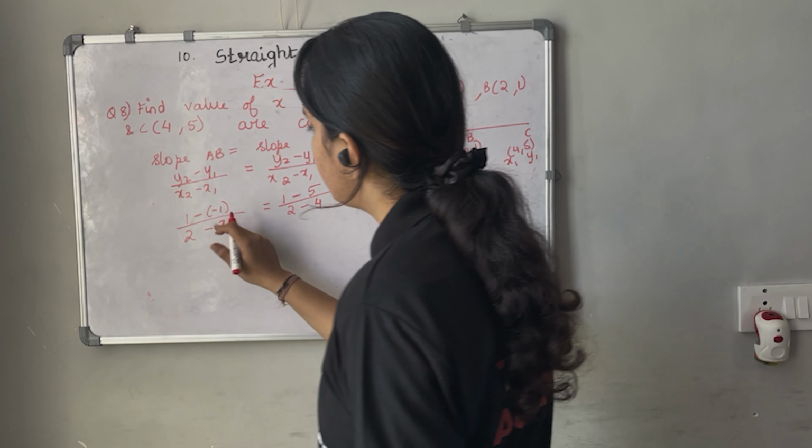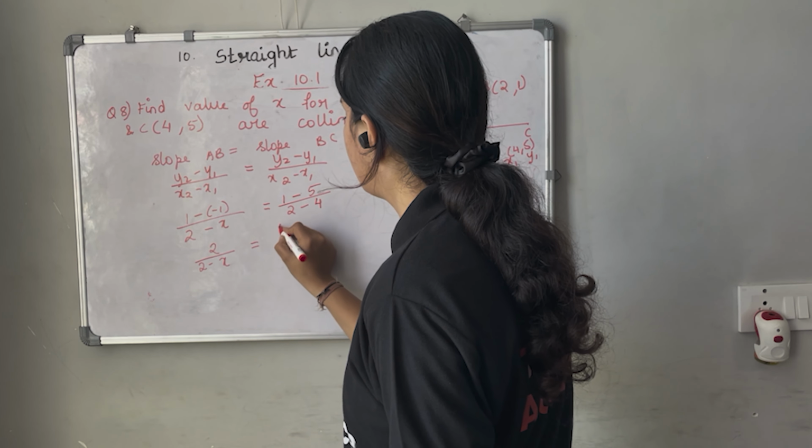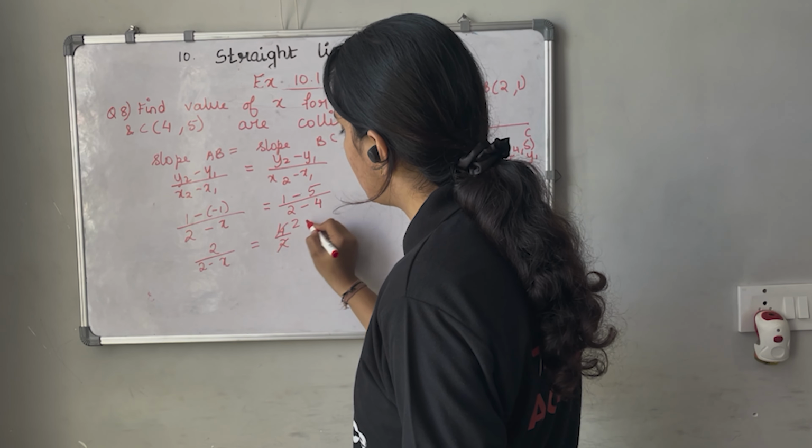So this will be 1 plus 1, 2 upon 2 minus x, equal to 4 upon 2, that will be 2.